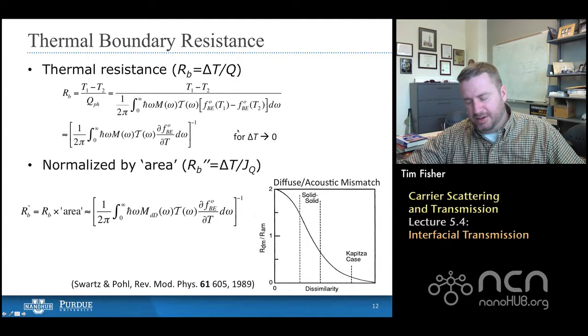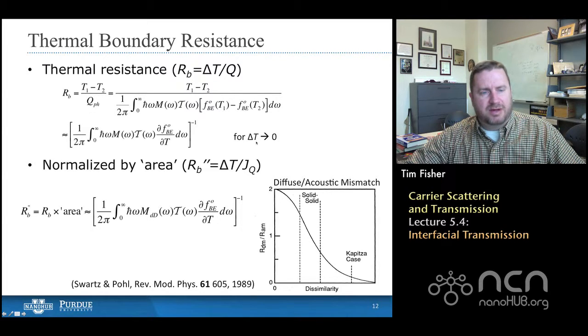And then what's typically done is we make the delta T very small, which it will be in real life at true interfaces. When we do that, then we turn this difference in distribution functions into a temperature derivative, and we proceed.